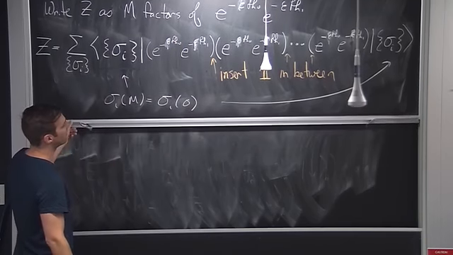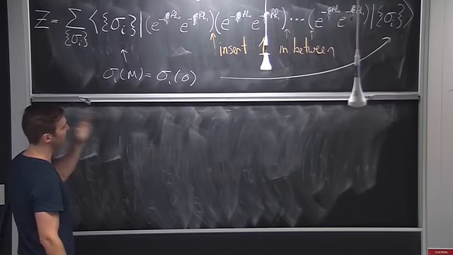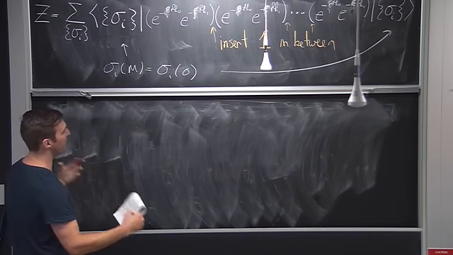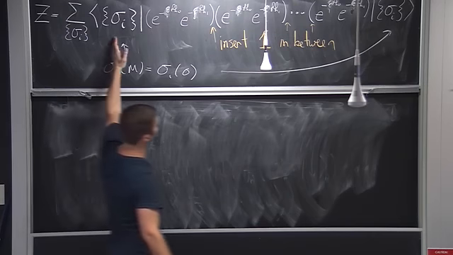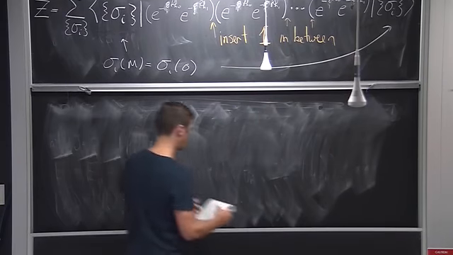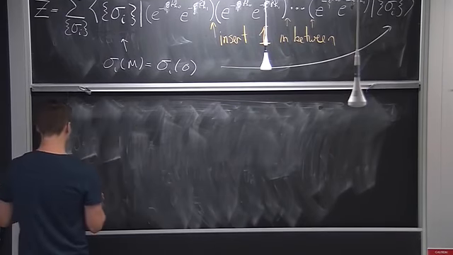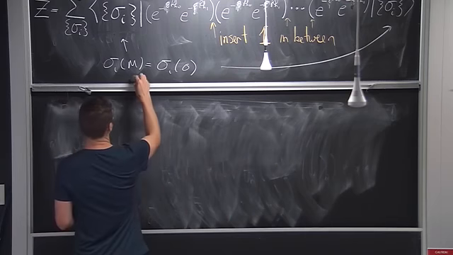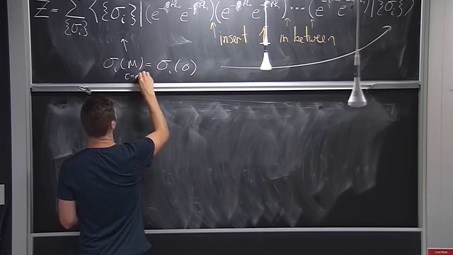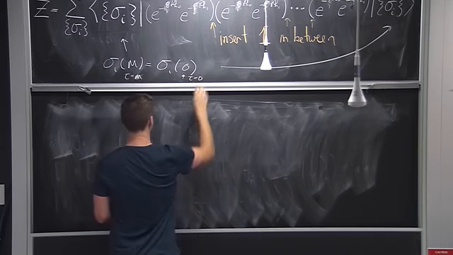Okay, so I have a label for this position. And because the trace is the sum of diagonal matrix elements, this and this have to be the same. That's the definition of diagonal. Okay, and I'm going to call this tau. This would be tau equals m. This would be tau equals 0.